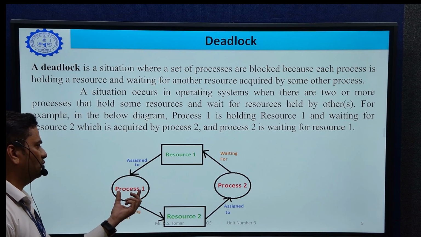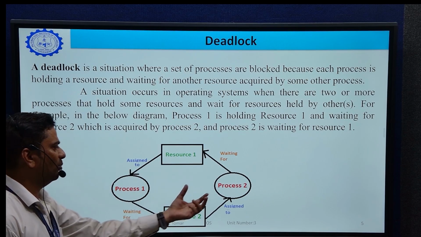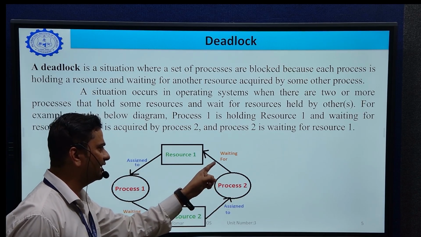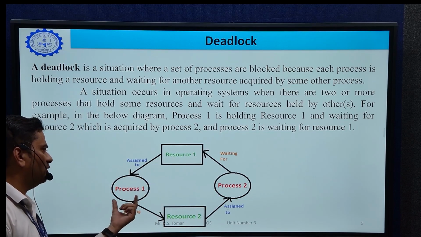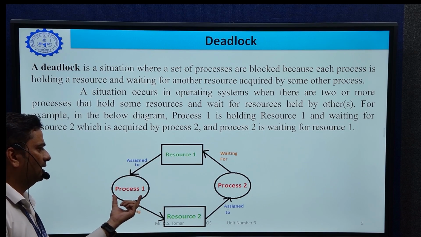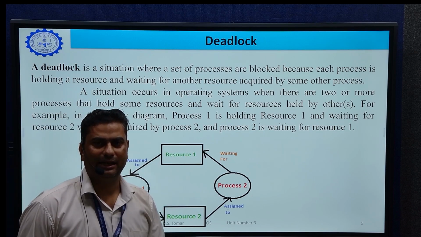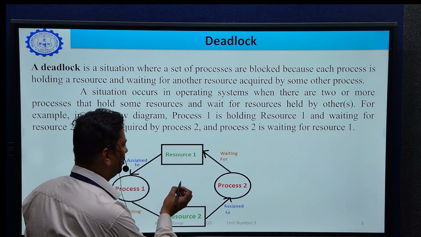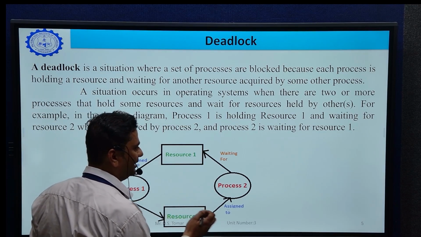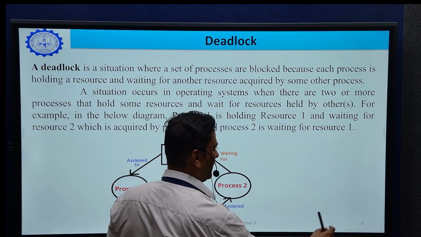R1 is allocated to the process P1. Now process P2 is waiting for resource R1, which is already allocated to the process P1. In this way there is a deadlock. Why is there a deadlock? Because there is a cycle in this graph.